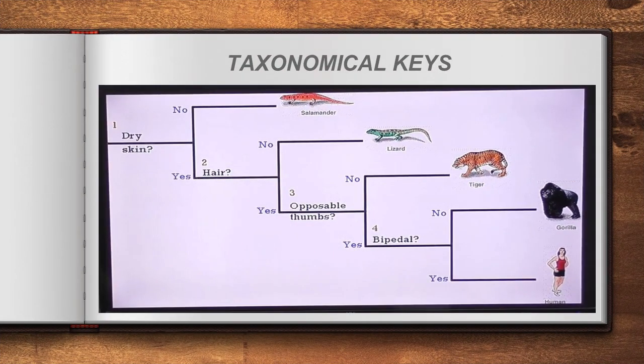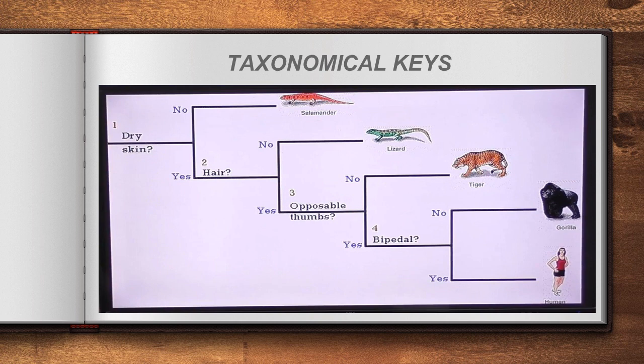The first one is taxonomical keys. Keys means information given in a very short form. Here the figure displayed is one method to identify a species, where the information is given as questions with short yes or no answers.